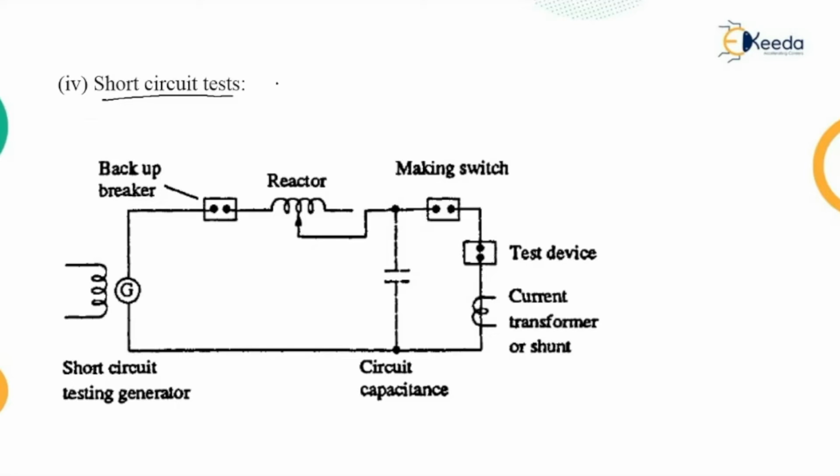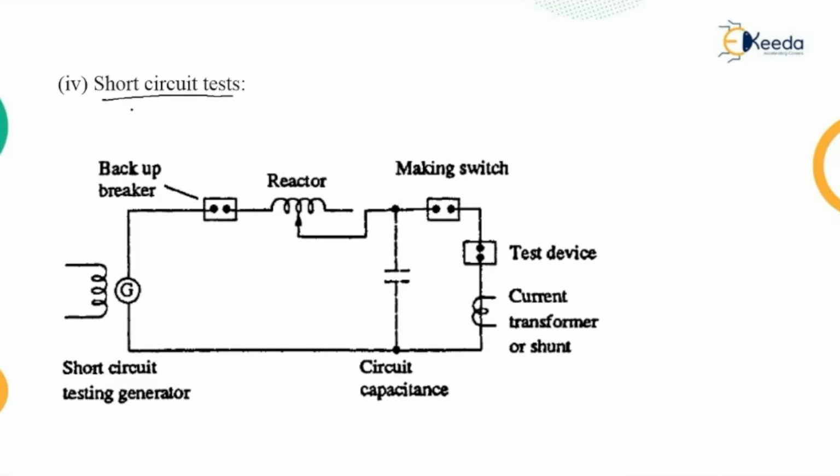So the making and breaking capacity at various load currents and rated voltage is to be tested. In the case of isolators, the purpose is to determine their capacity to carry the rated short circuit current for a given duration, and there is no breaking or making current test to be done on isolators.